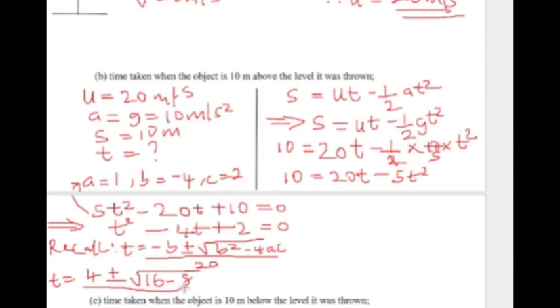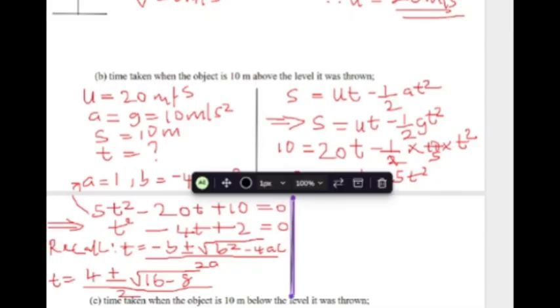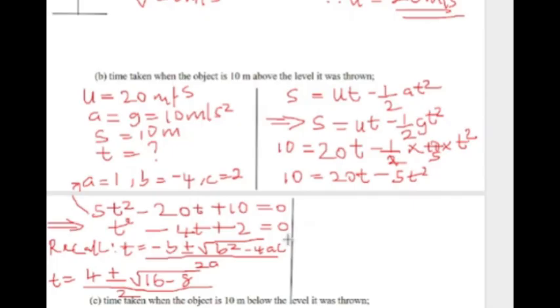Everything divided by 2. Okay. Now let's finish this off. So clearly that will give us t = 4 plus or minus root 8 over 2.